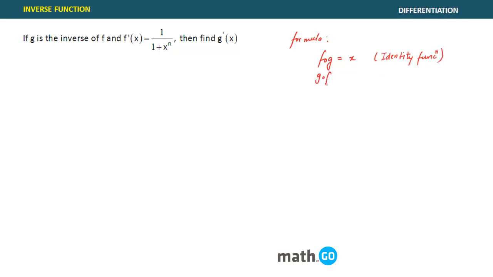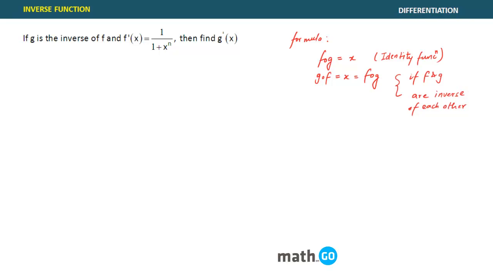Either f of g will be x. This is the formula if f and g are inverse of each other. This is the property that we have to remember for these kinds of questions.